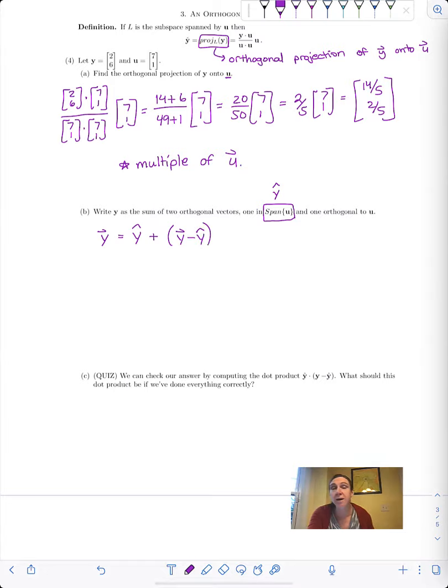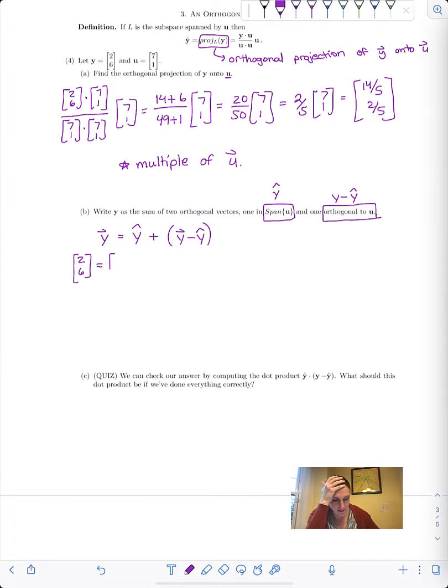In fact, that's the only option, right? Because we need it to be something that adds up to y. And so then we're claiming that y minus y hat is orthogonal to u. So let's do this computation, and then we'll look at why it's always true that y minus y hat is in fact orthogonal to u.